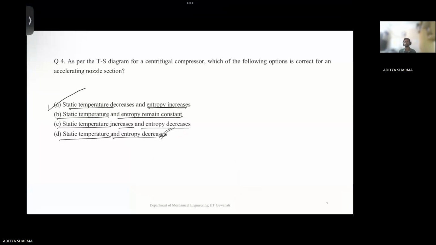I hope this is clear. So A comes out to be the correct answer in this case. Then moving on to next slide.